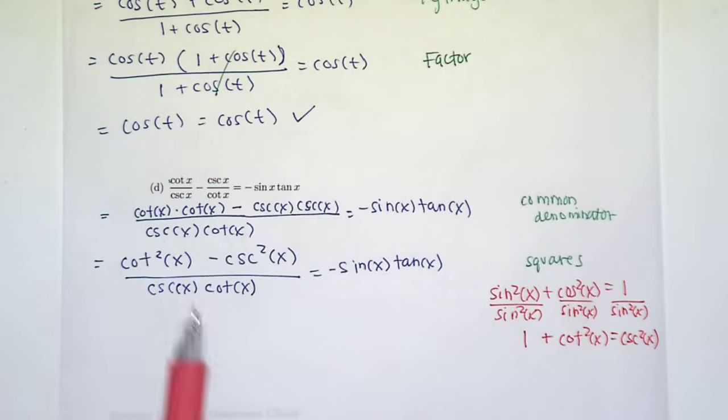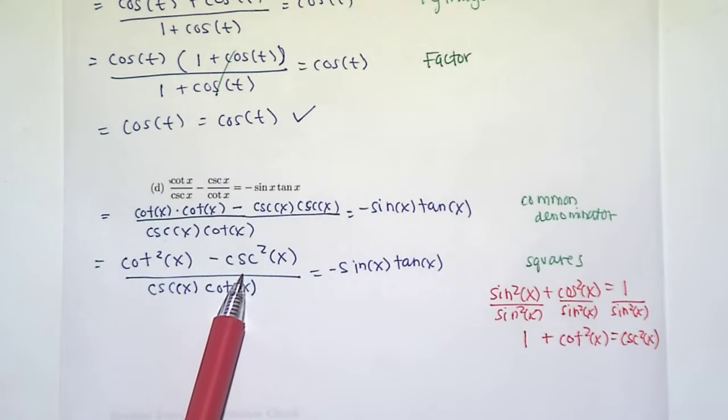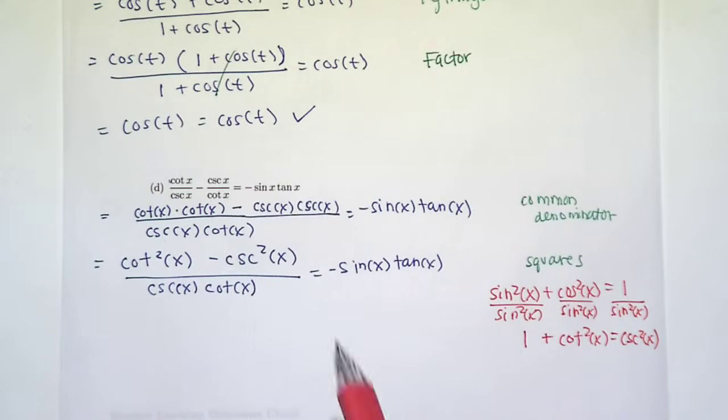All right, well, let's look at the problem. We got cotangent squared minus cosecant squared. Well, I do have an expression for cosecant squared right here, so maybe I'll just replace this with this one. Let's try that and see if that works.